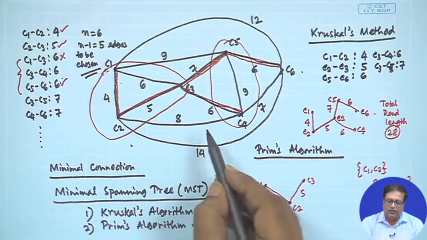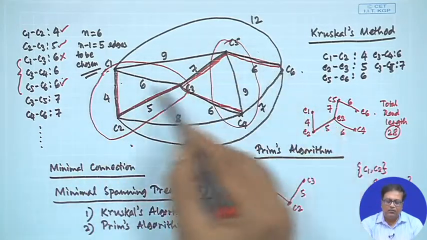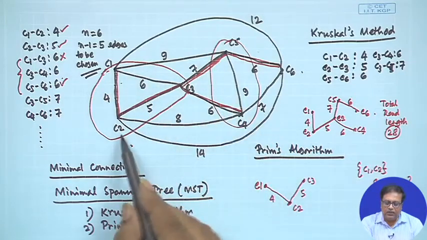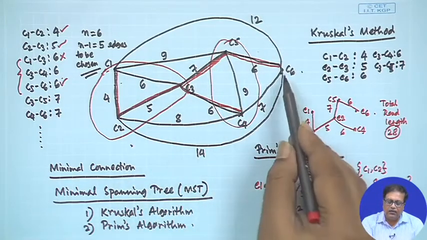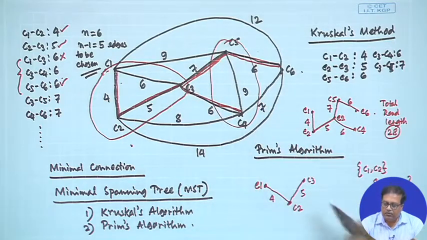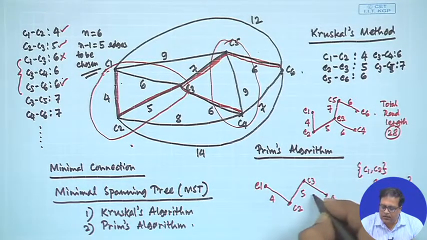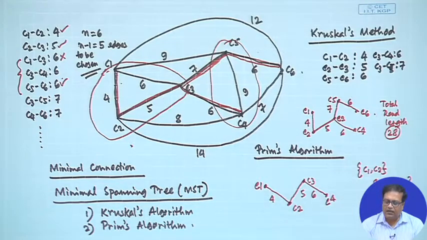So which one? You see, from C1 12 and 9, from C2 8 and 14, and from C3 7 and 6. So we get C4, which is 6. So there is the fourth connection.